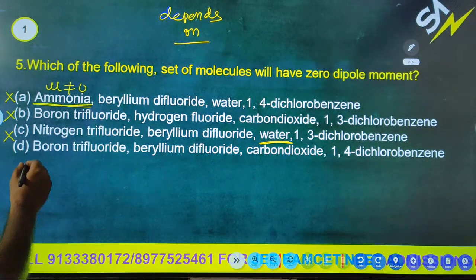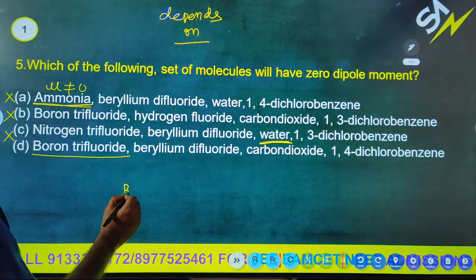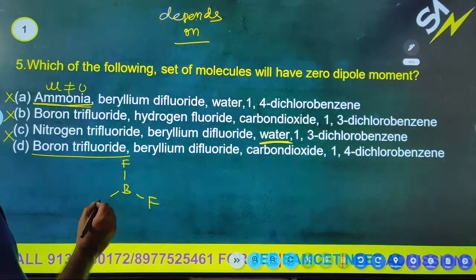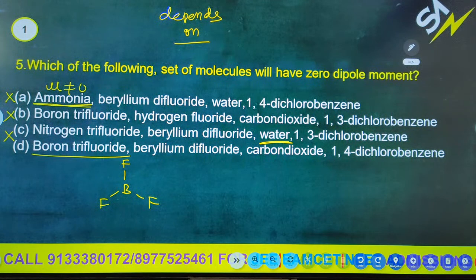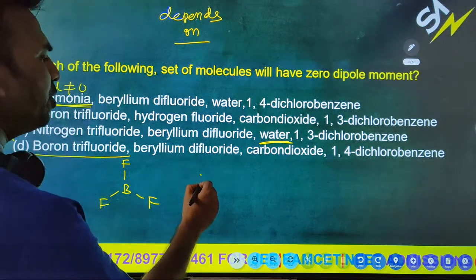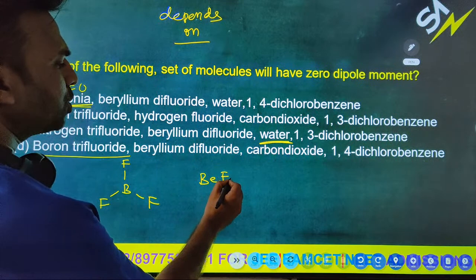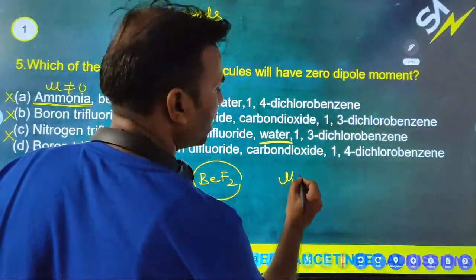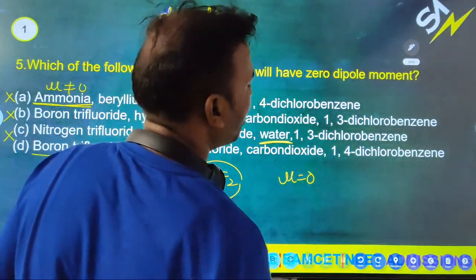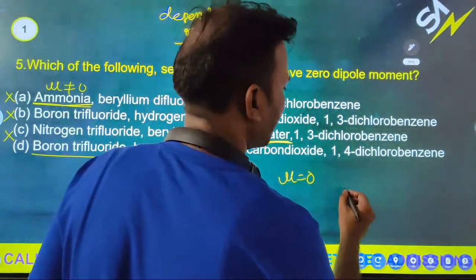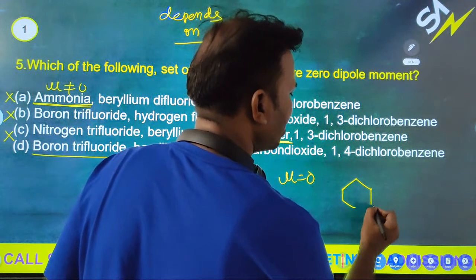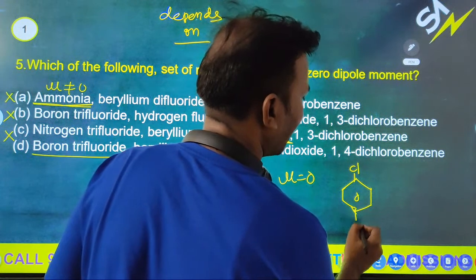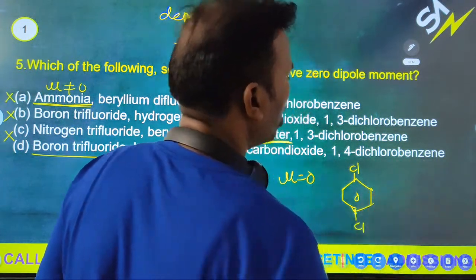Now, what about boron trifluoride? Boron trifluoride is a planar molecule, with zero dipole moment. Beryllium difluoride, as we learned, is linear. Carbon dioxide is also linear, mu is equal to 0. 1,4 dichlorobenzene: benzene has two substituents in the para position, 1, 2, 3, 4.